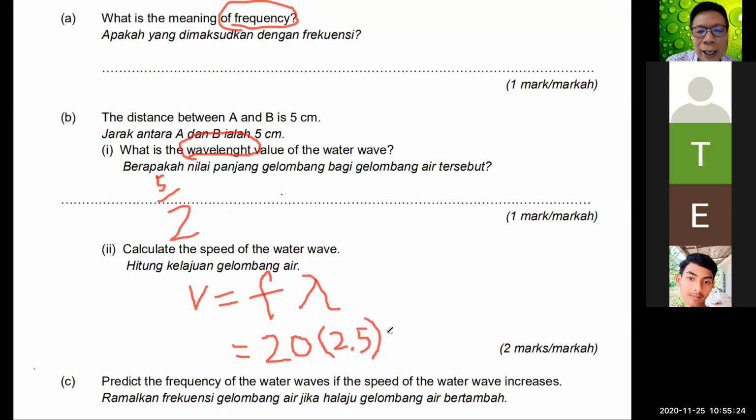So the answer is 20 times 2.5, so you get 50. The unit is cm per second, because we did not change it just now. Good answer. 50 cm per second.